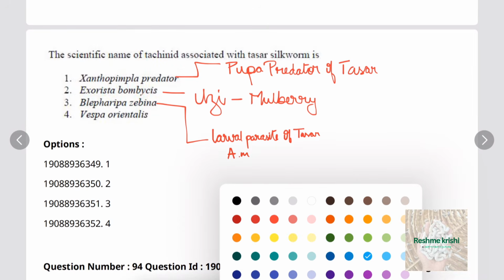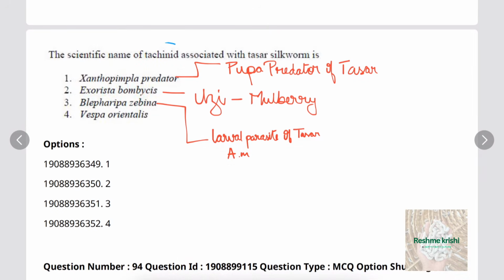Then, the scientific name of the tachinid fly associated with tasar silkworm. What is a tachinid fly? Tachinid fly is an uzi fly. They are asking simple questions. The answer is simple: Blepharia zebina.